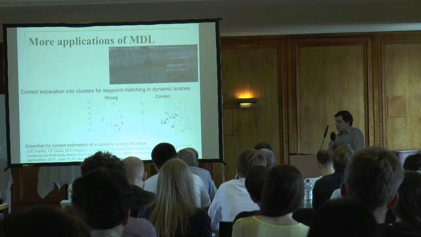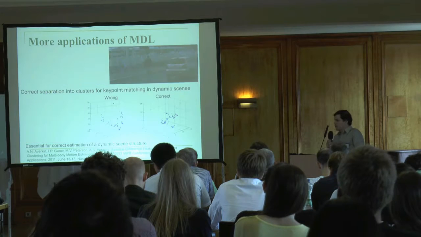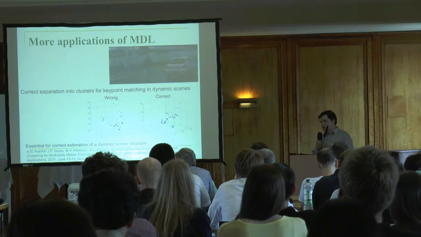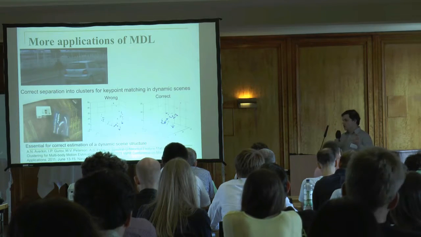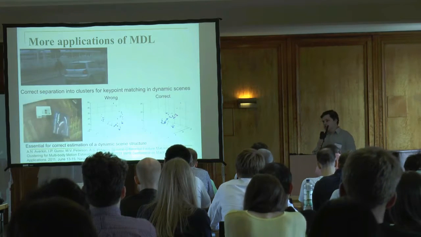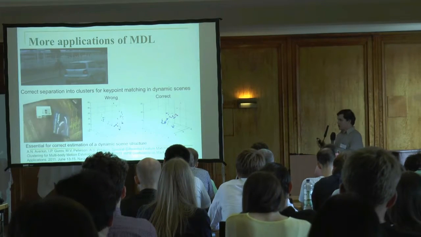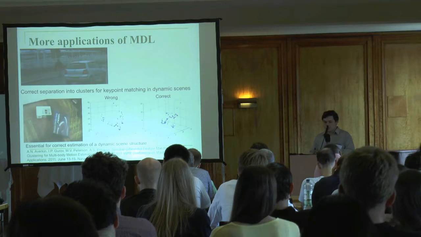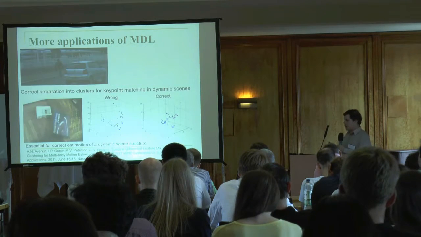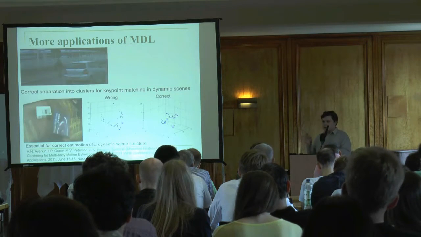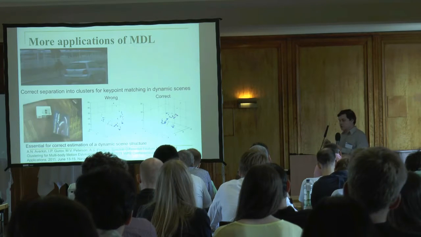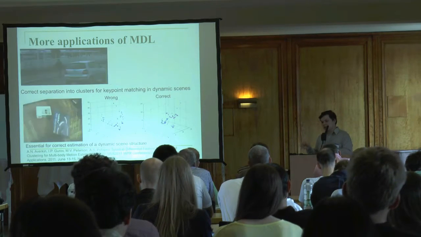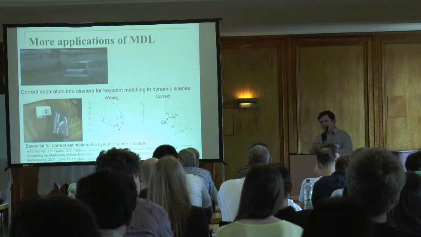For example, here we used it to choose the most appropriate number of fundamental matrices, because in the case of multi-body motions, each body can be described by its own fundamental matrix, and in the case when we don't know the number of moving bodies, then we somehow should determine this number, and the minimum description length principle again helps us, because the more fundamental matrices we use, the lower the error with which it maps key points from one image to another, but at the same time the model complexity increases.